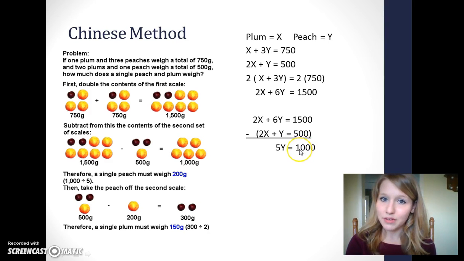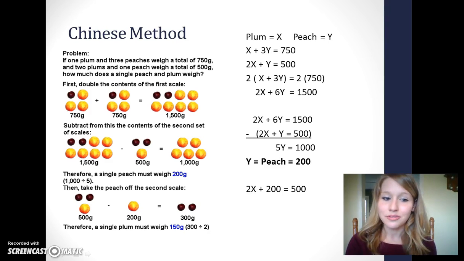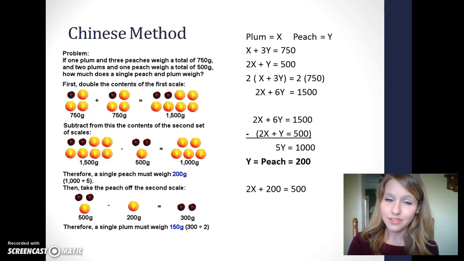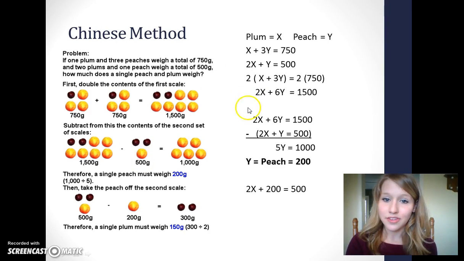So if we divide by 5 on both sides, we get y equals 200. So now they took the peach off of the second scale. So our second scale is 2x plus y equals 500. We know y equals 200, so we have 2x plus 200 equals 500. When we subtract our peach, which is equal to 200, from both sides, we get 2x equals 300. When we divide by 2, we have x equals 150.